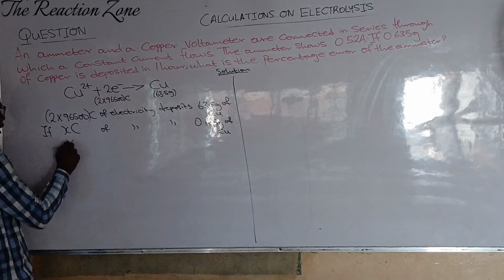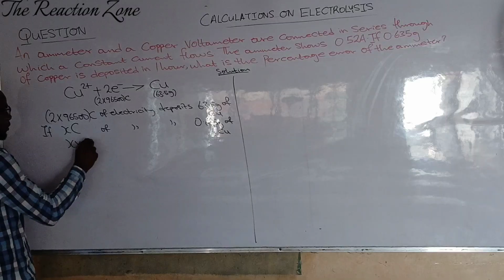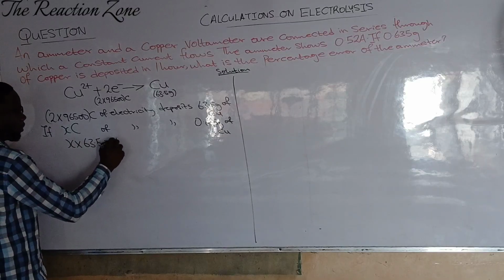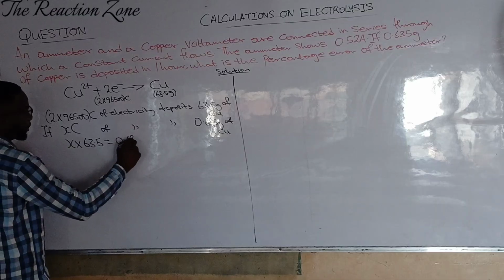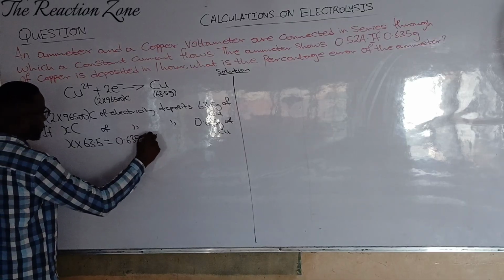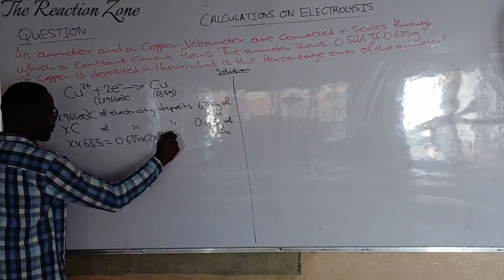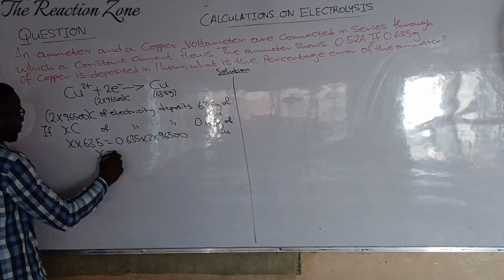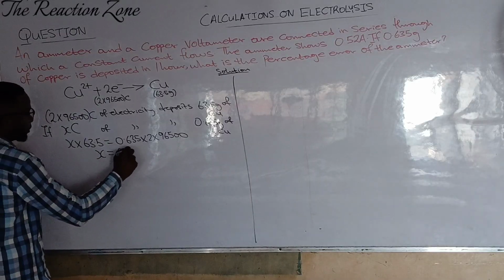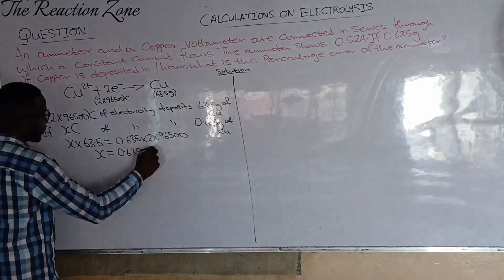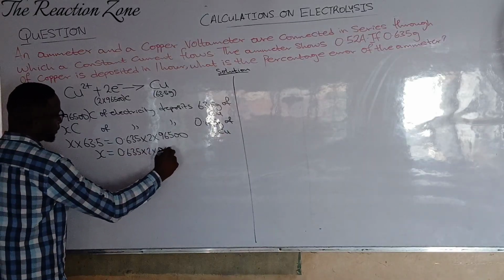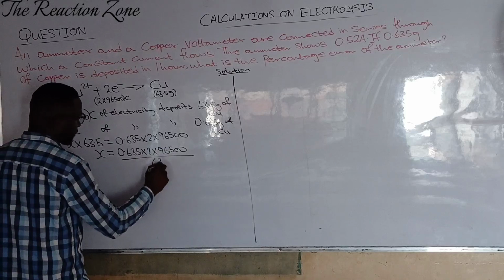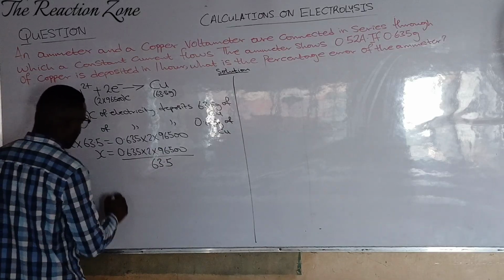And then we have X multiplied by 63.5 is going to be equal to 0.635 times 2 times 96,500. And then X is going to become 0.635 times 2 times 96,500 divided by 63.5.